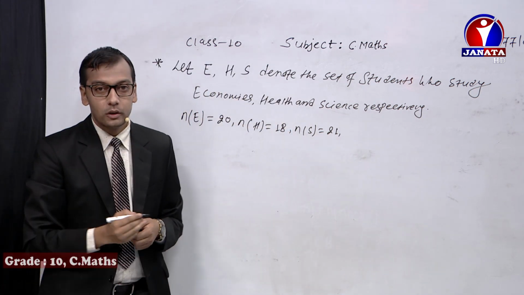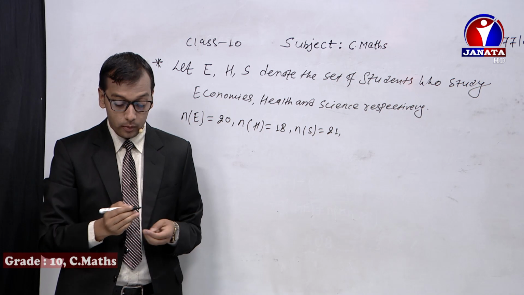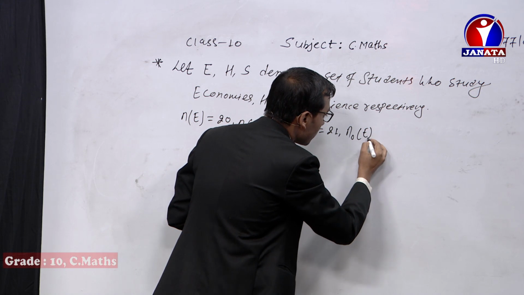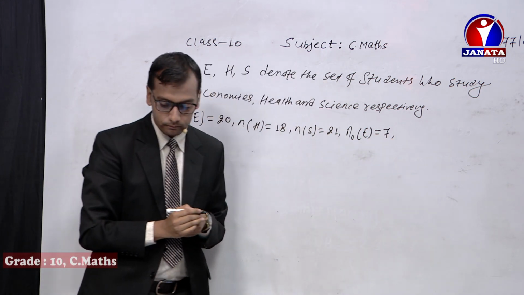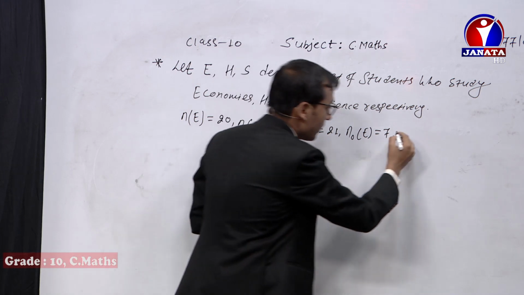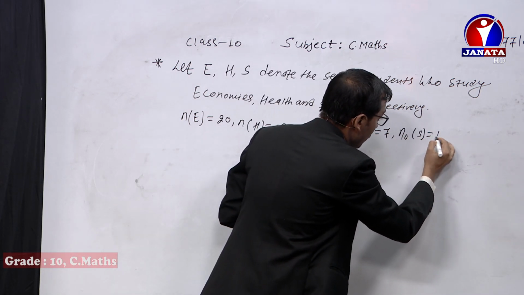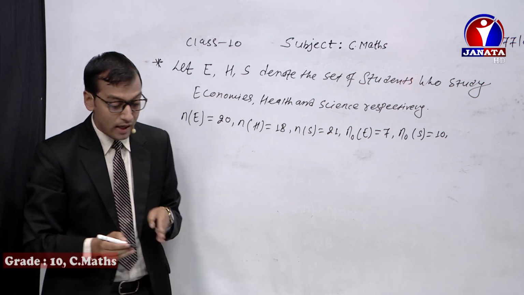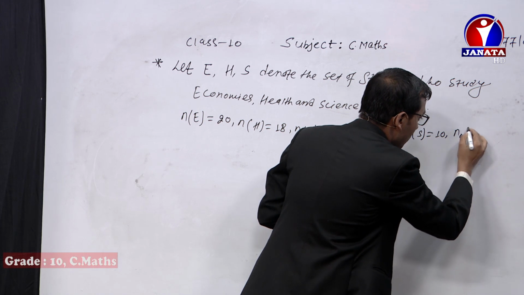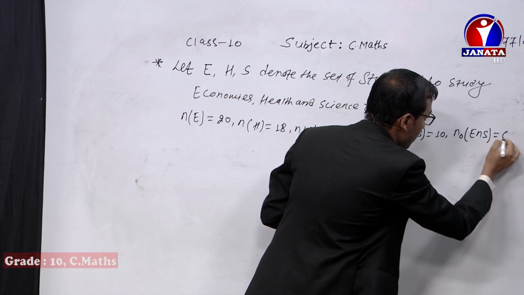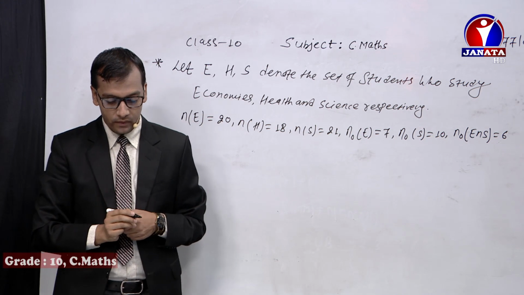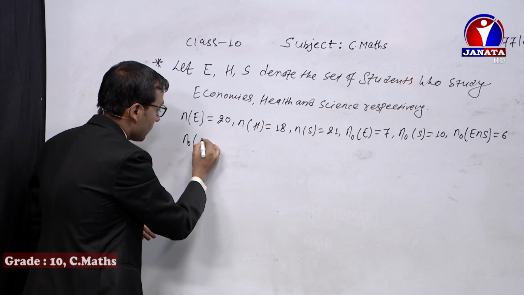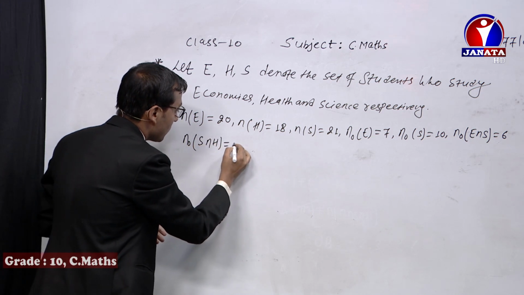Similarly, there is some other information given. 7 study economics only, so N only E is 7. 10 study science only, this is N only S is 10. 6 study economics and science only, so N only economics and science is 6. 3 study science and history only, so N only science intersection H is 3.